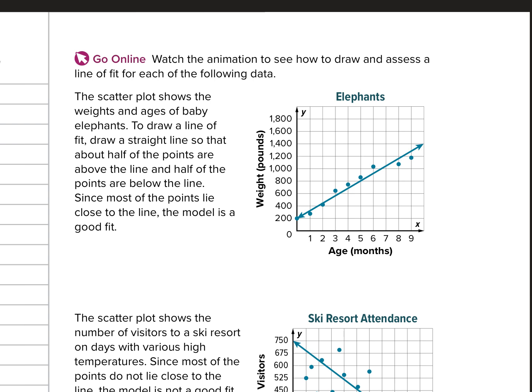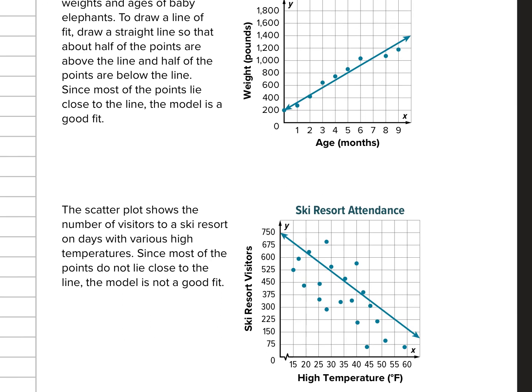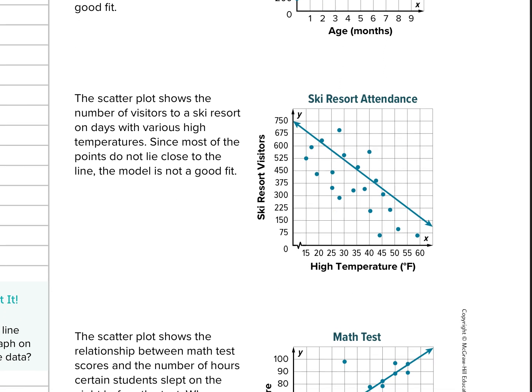Okay, so this one is a really good fit because all the points lie very close to that line of fit. They're not all over the place. They're not all on top of it, all below it. It's a really good line of fit. If I look at the ski resort attendance, this line is meh.